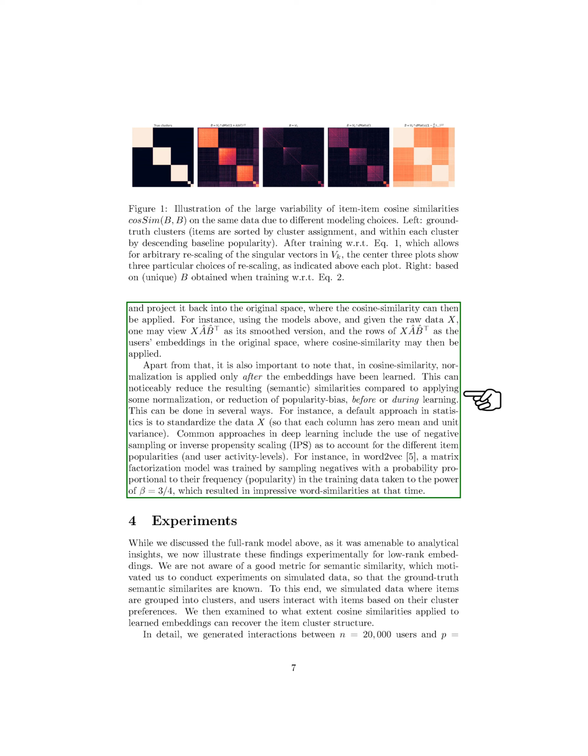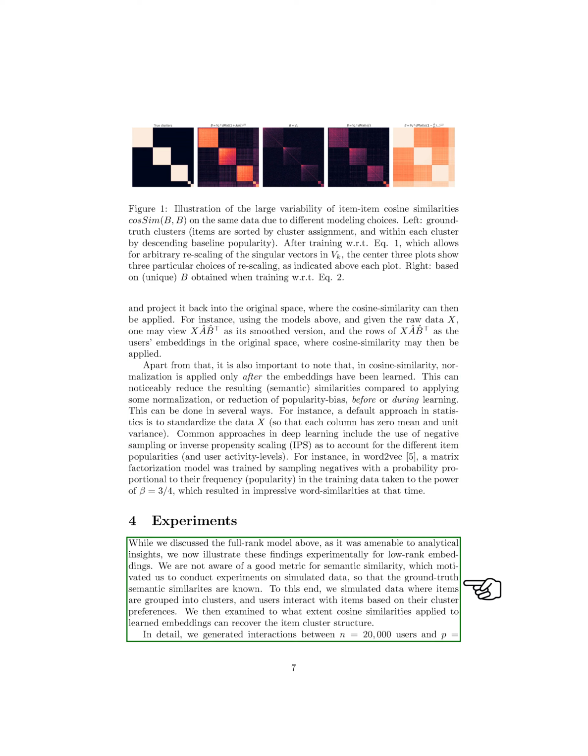Additionally, we highlighted the importance of considering different item popularities and user activity levels in the learning process. Moving on to experiments, we conducted simulations on low-rank embeddings to investigate semantic similarity metrics. By generating interactions between users and items grouped into clusters, we examined how well cosine similarities applied to learned embeddings can capture the item cluster structure.